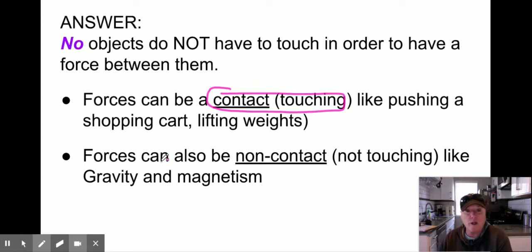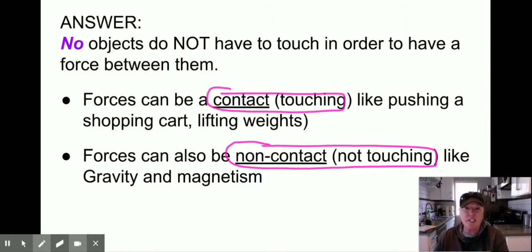The other is called a non-contact force, and those are forces that do not have to touch. For example, gravity and magnetism. There are some other forces too, and we're going to talk about some of these, not all of them.